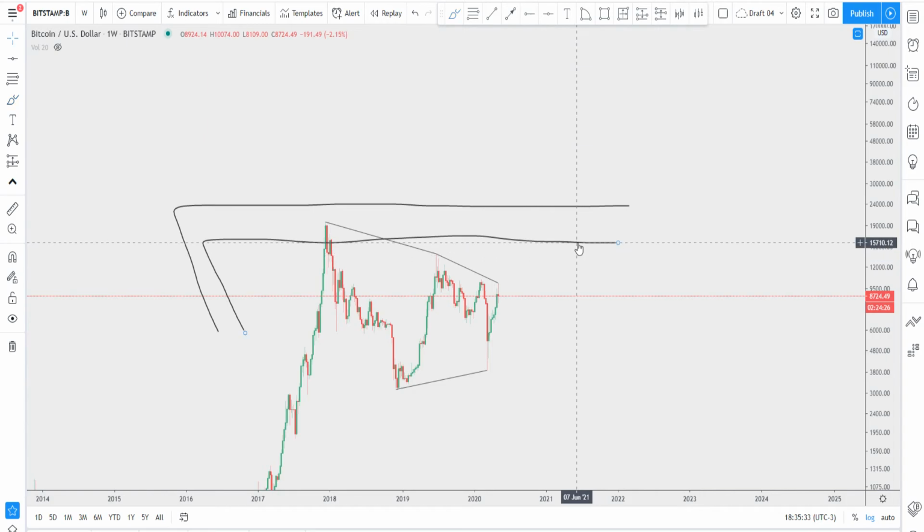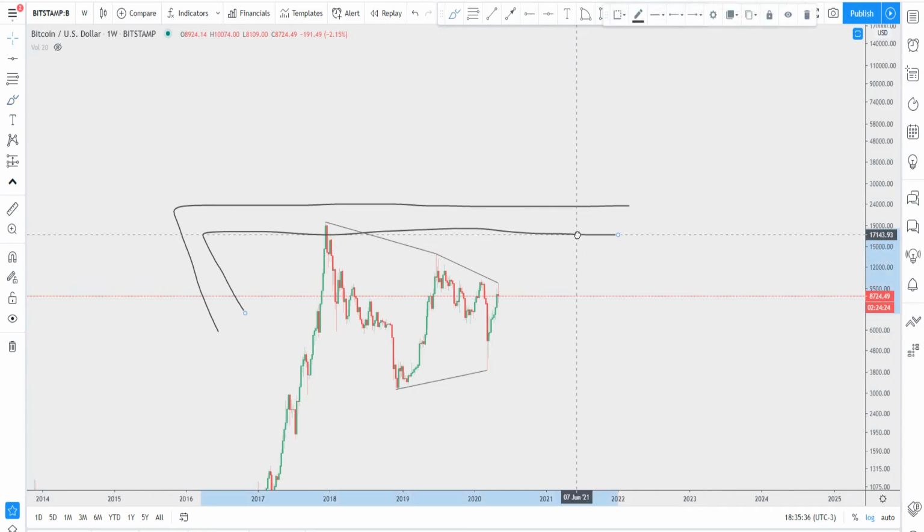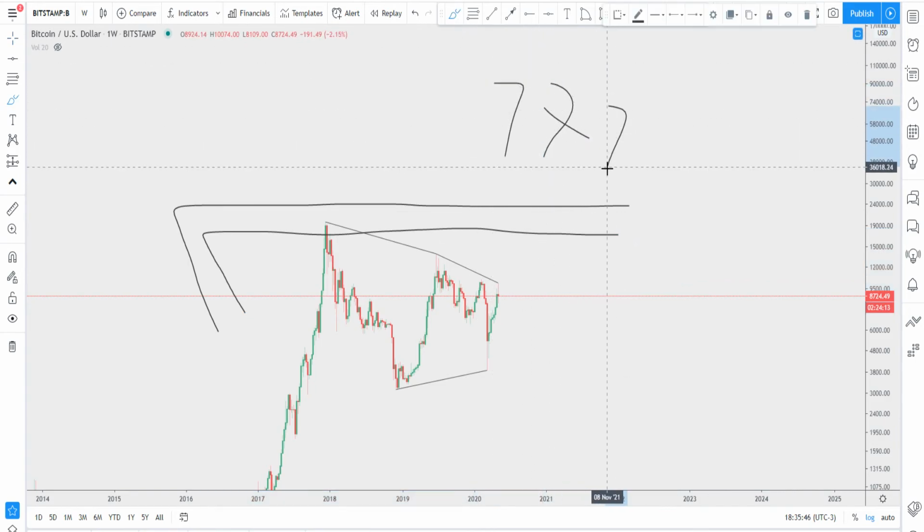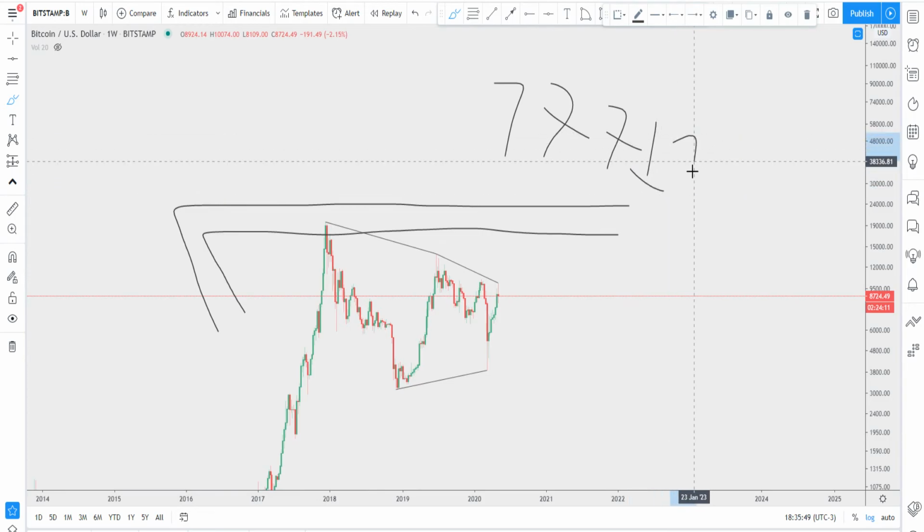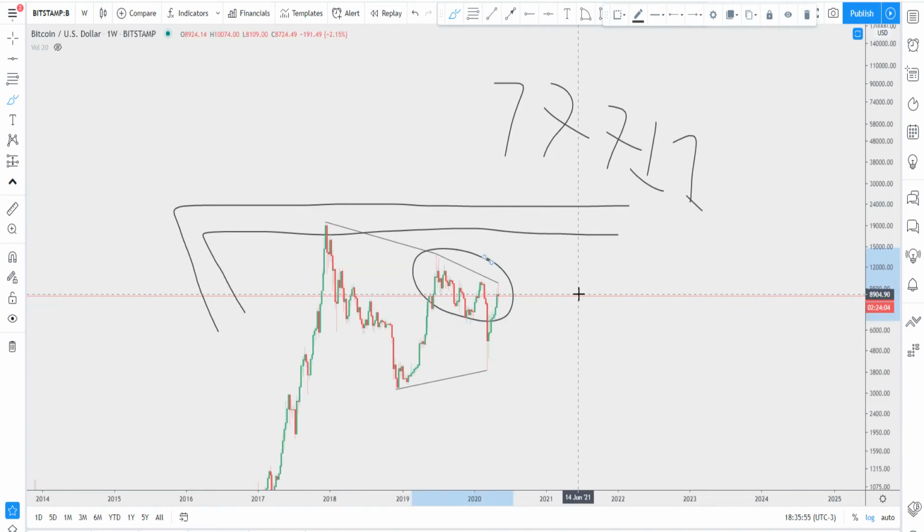If I'm not wrong, it's around 17,000. I have the exact number here. It's 17,711. This will be the main resistance for Bitcoin once we take out these highs here.